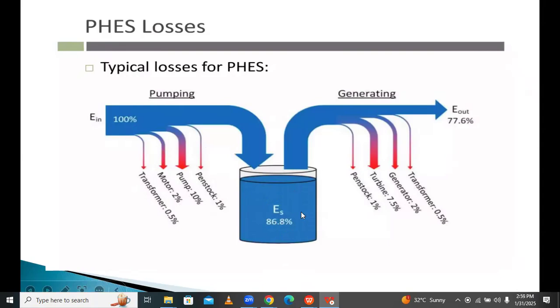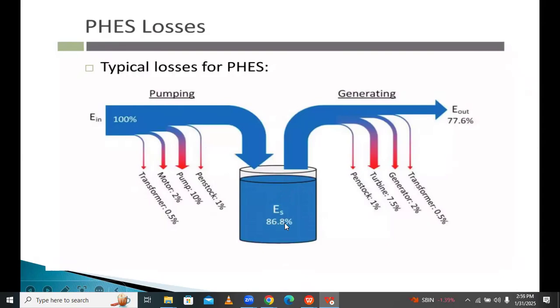Then under heavy load conditions, we generate electricity using PHS. Whatever energy is stored can be utilized, and when water flows from the upper reservoir to the lower reservoir, it generates electricity. The output is 77.6%.